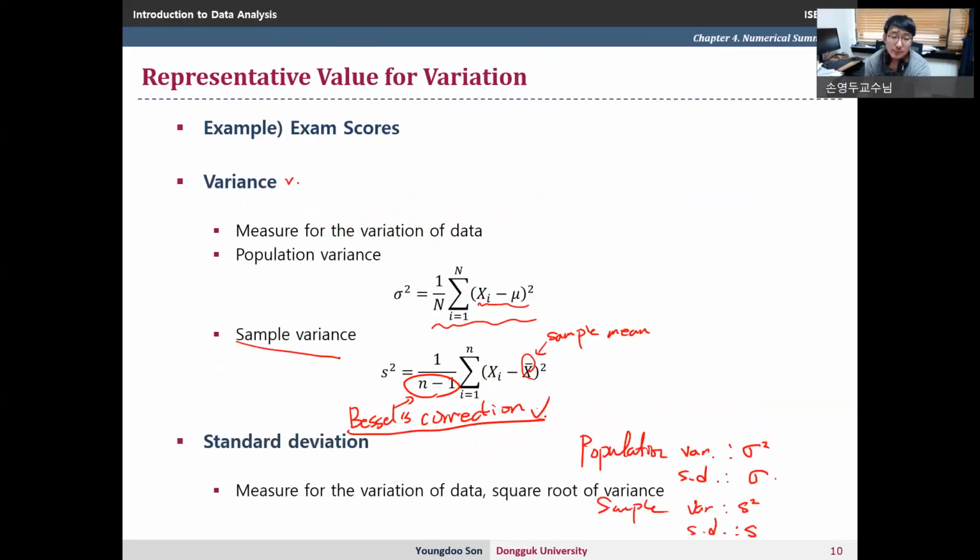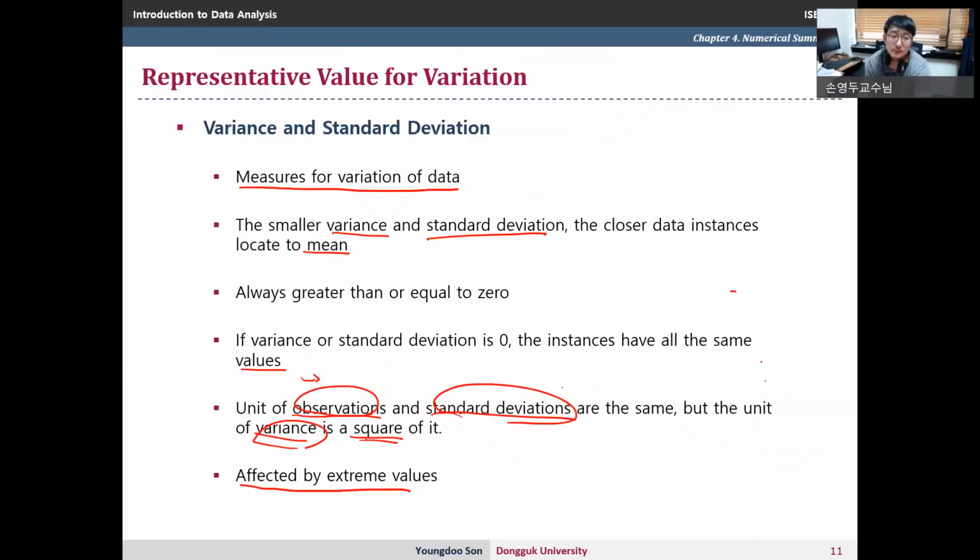However, we all know the variance and standard deviation. I will skip most of this part. The variance and standard deviation, however, are affected by extreme values, like the mean.